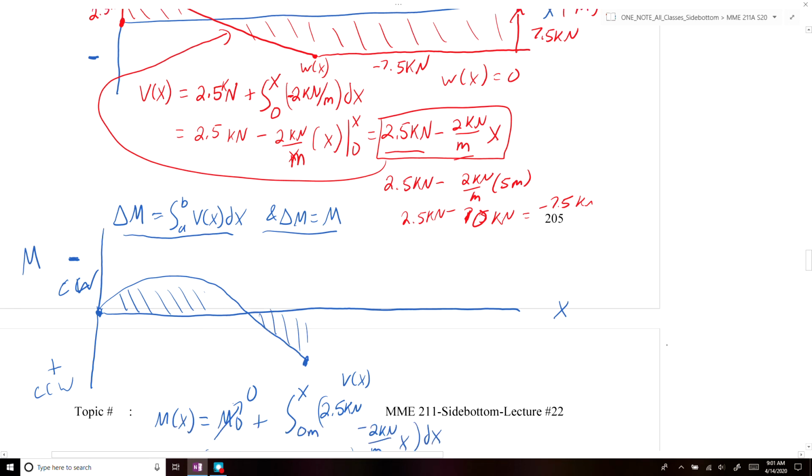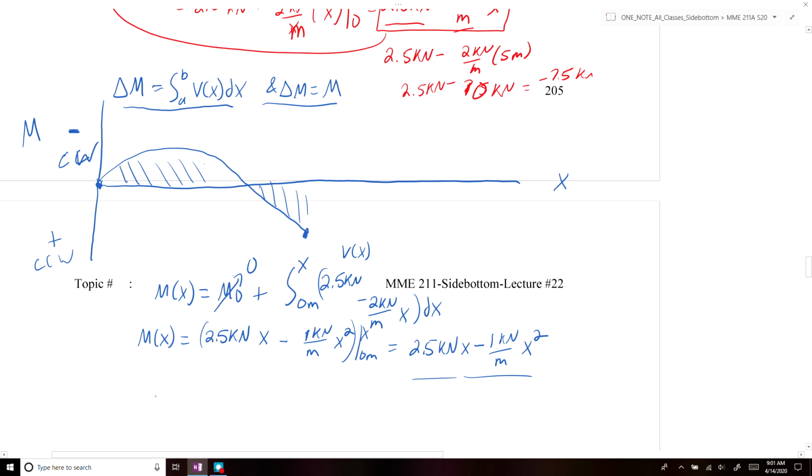We know that at x equals 5 meters, we have a negative 50 kilonewton meter applied moment. So we need to add that negative 50 kilonewton meters to our moment diagram.